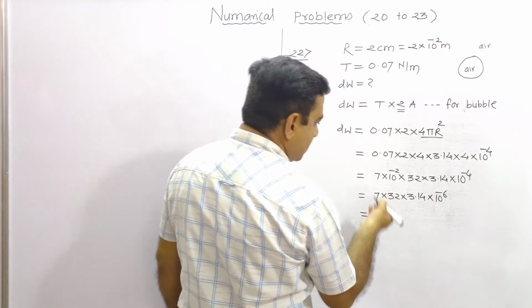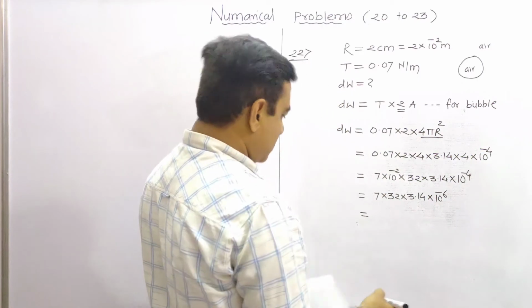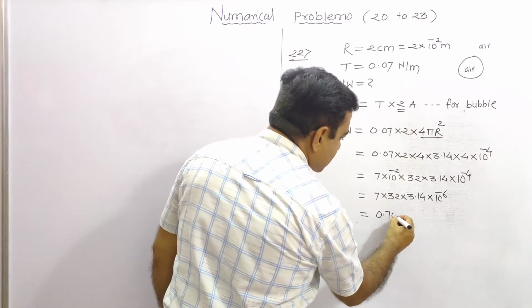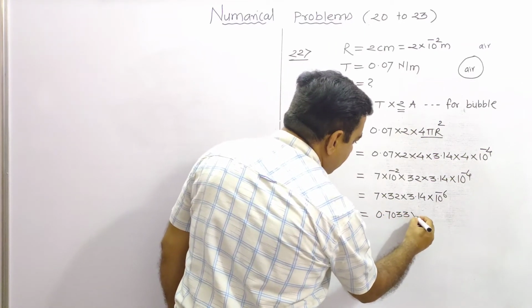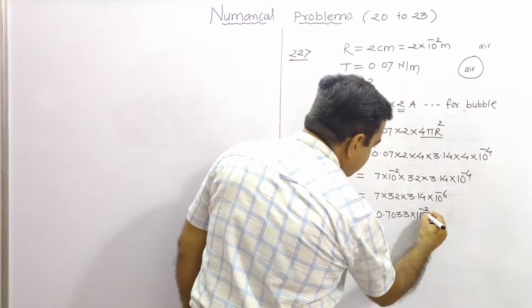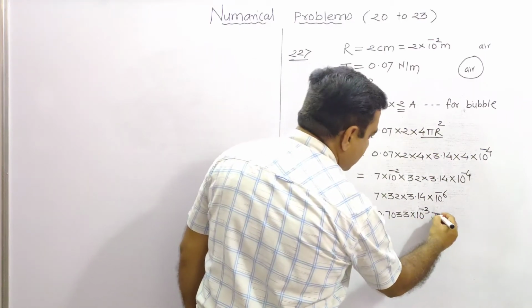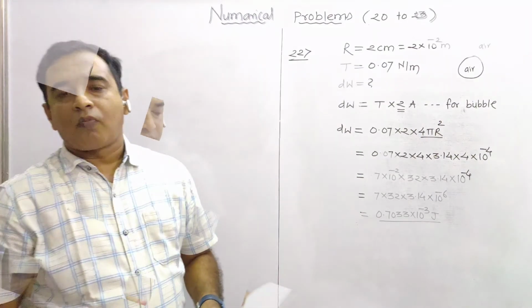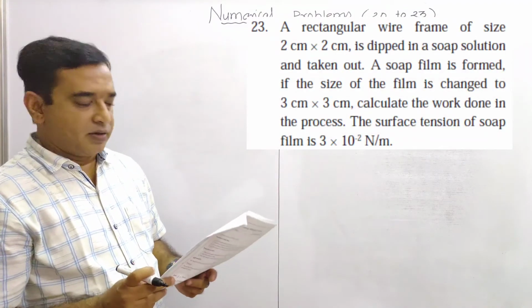After solving this, we are about to get the answer, that is 0.7033 into 10 raised to power minus 3. What work done? Which is in joule. This is your answer.